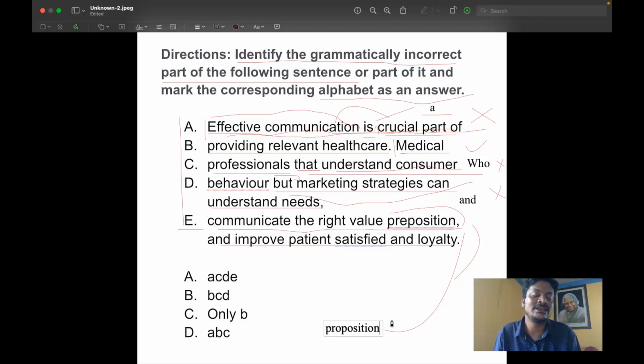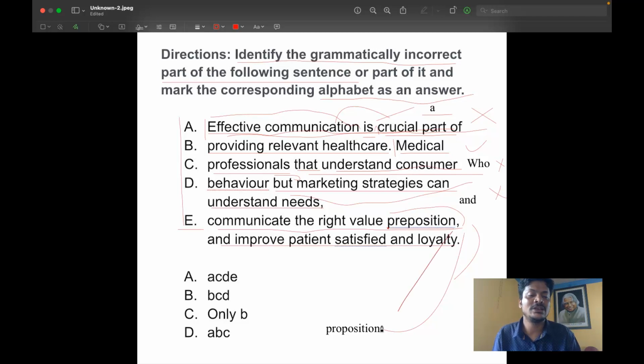So the correction in the sentence should become: marketing strategists are called medical professionals who understand consumer behavior and marketing strategists can understand needs, communicate the right value propositions, or communicate right value ideas, isn't it?